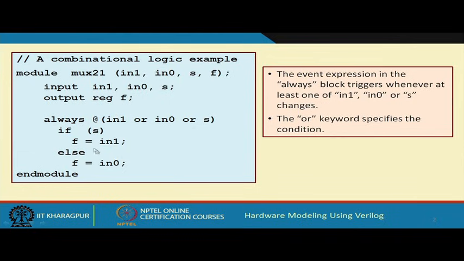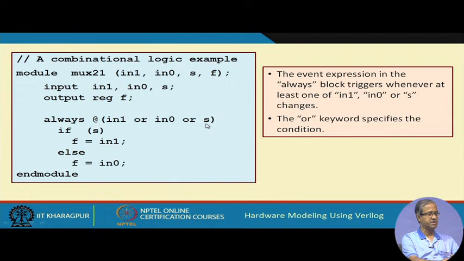But in the example I have given here, it is a simple case of a combinational circuit that will be generated. So, here a simple 2 to 1 multiplexer will be generated, where in 0 and in 1 will be the inputs, s will be the select line because you are checking on s, and f will be the output. This OR keyword combines the variables to form the event expression.